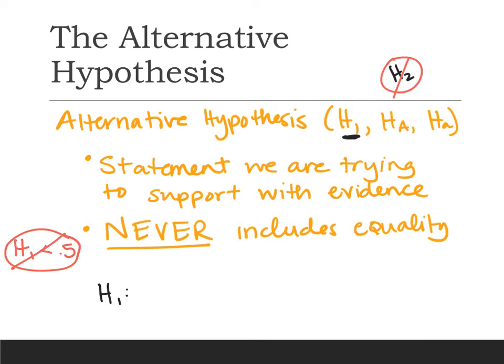So we might have mu is not equal to 10. I think I said 12 in the other example, so let's change it, because if these were matching up, it would be the same number. So mu is not equal to 12. I could have an alternative hypothesis that says our proportion is more than half. That would maybe be the majority.